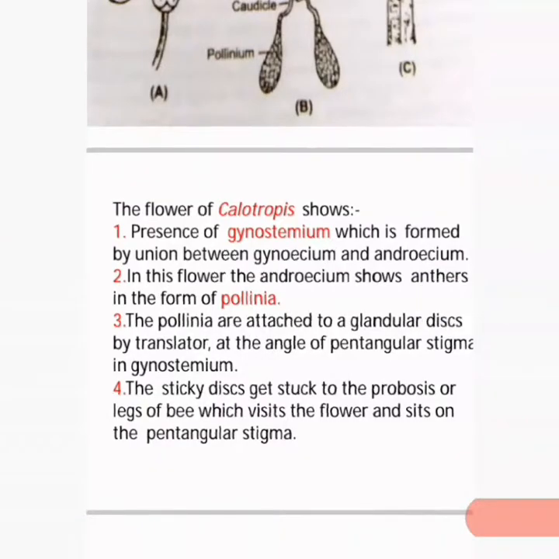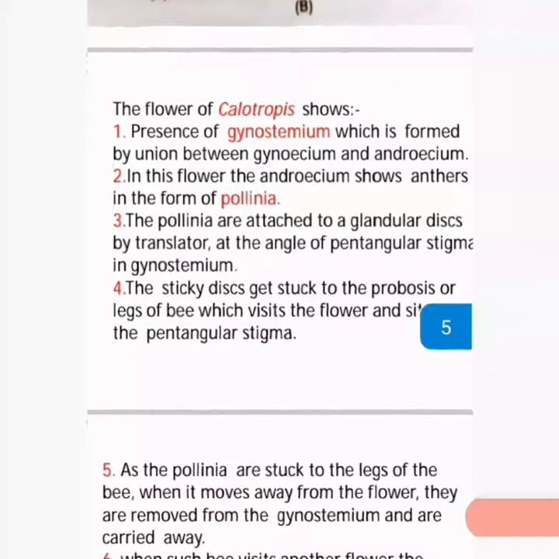So here the flower of Calotropis shows the presence of gynostemium, which is formed by the union of gynoecium and androecium. In this flower, the androecium shows anthers in the form of pollinia. The pollinia are attached to a glandular disc by a translator.